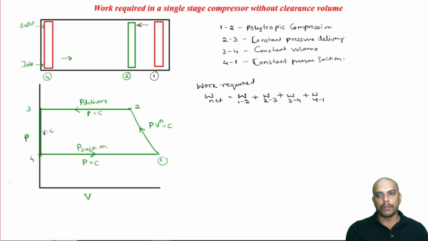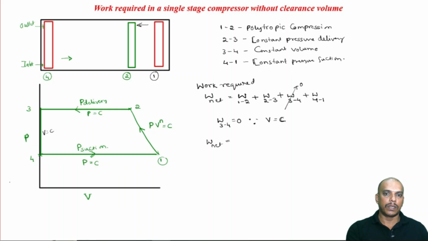Remember, W3 to 4 is going to be 0, because the volume is constant. For constant volume, since we are talking about PdV work, the work transfer will be 0.